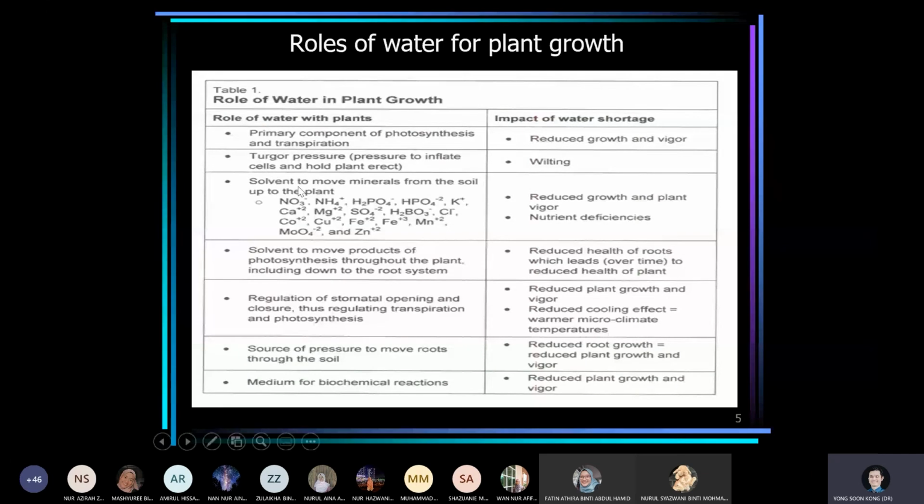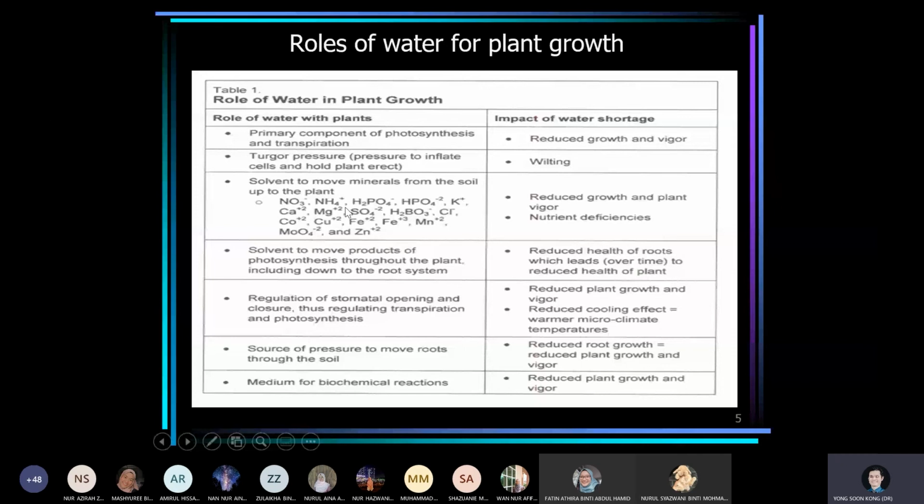Now apart from that, water is also a solvent for the majority of polar minerals. As you can see, these are the examples. It could be nitrate, ammonium, hydrogen phosphate, all of which are macronutrients. If you look at the following ones like zinc, manganese, iron, these are trace elements.